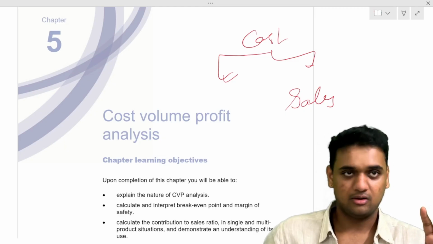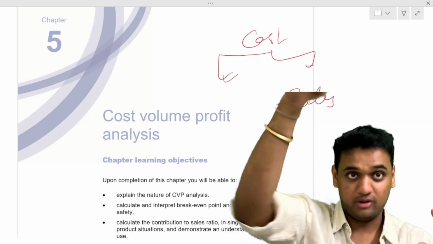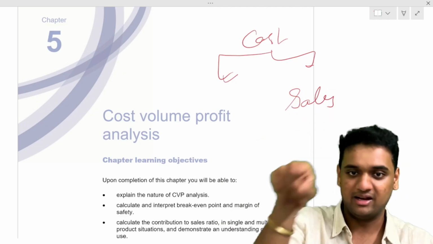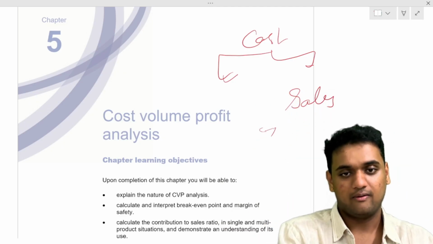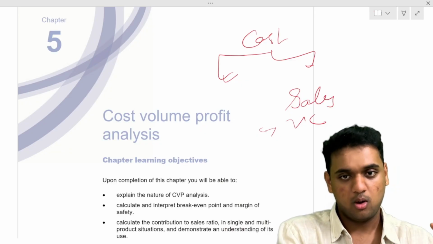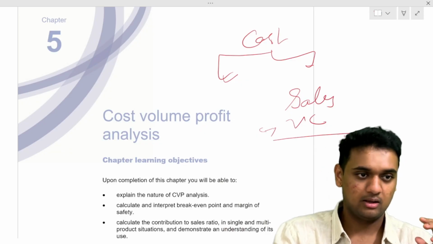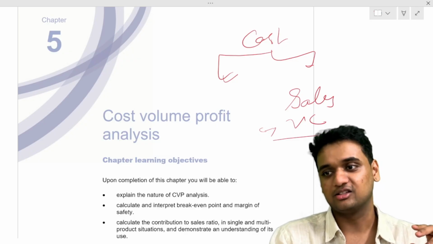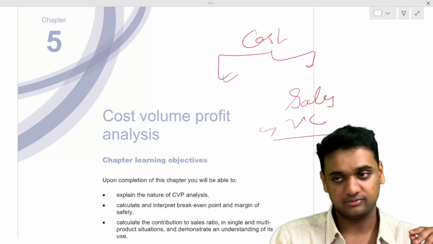Write sales, and below that write minus variable cost, put a total line, and that will be called contribution. I will tell you what it means.